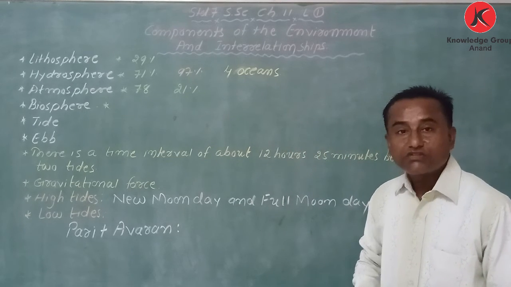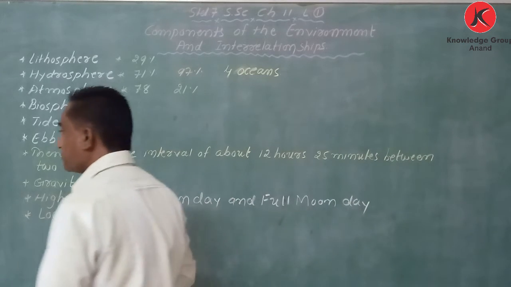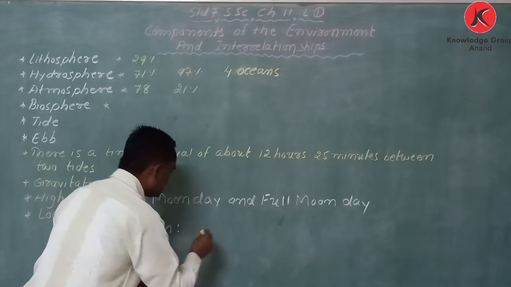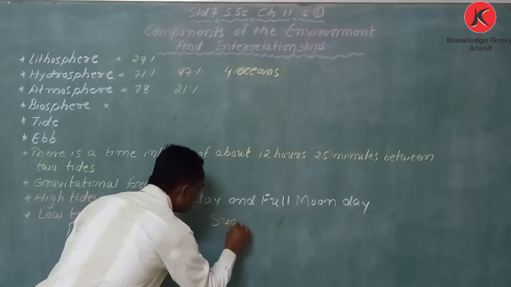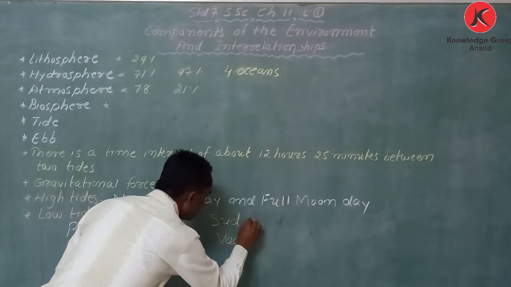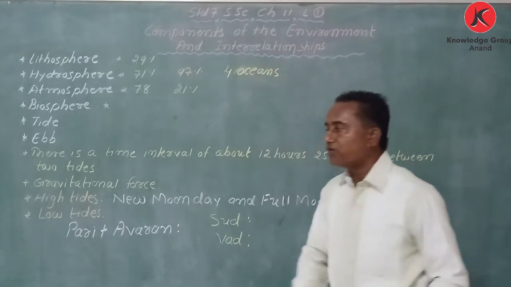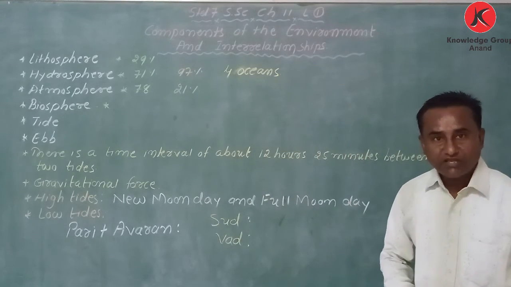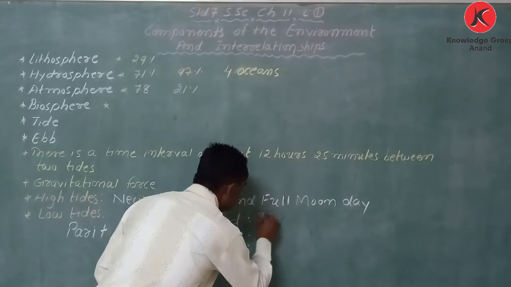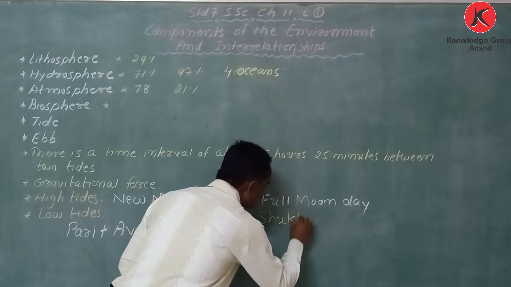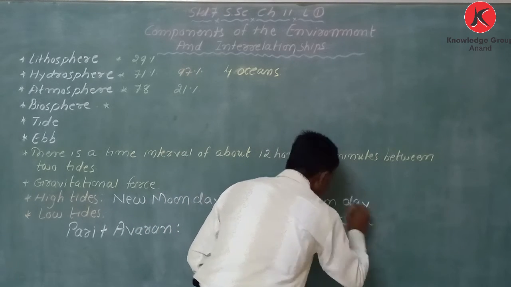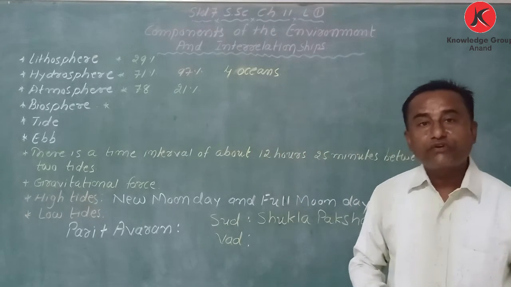But we know what is called Sud. Sud and Vad. Sud means Shukla Paksha, that is called bright fortnight.